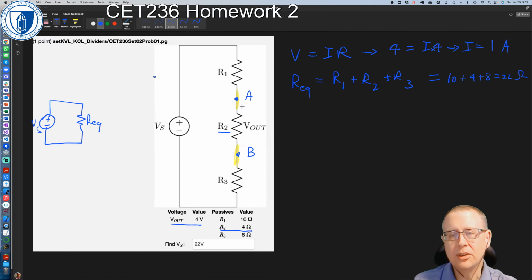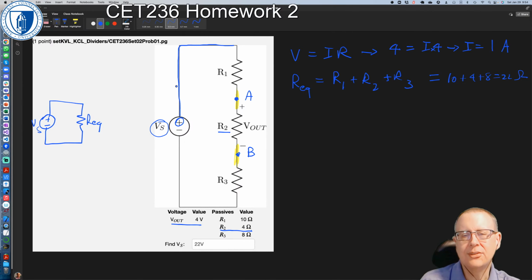Okay, now the current flows, I'm going to say this way. This is an active source, so I can say that the current is flowing out of the positive side. And now the current doesn't have anywhere else to go, right? So all of the current is flowing through the 3 resistors.